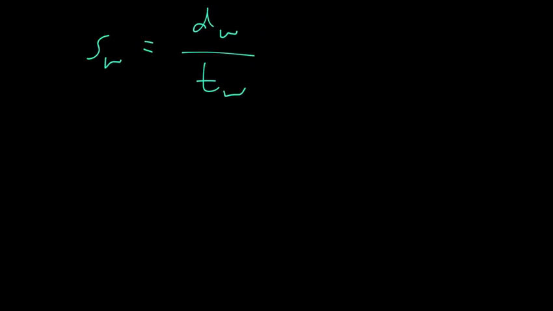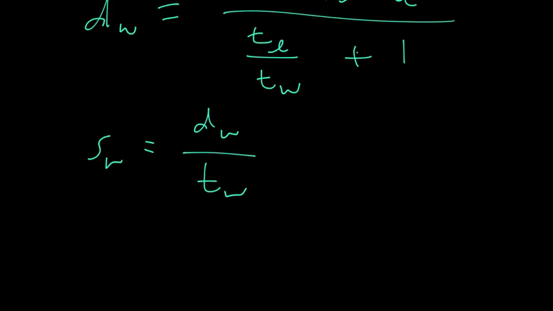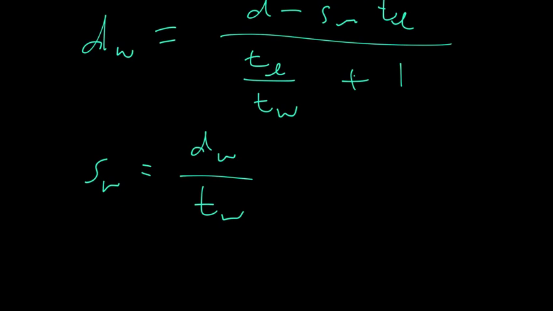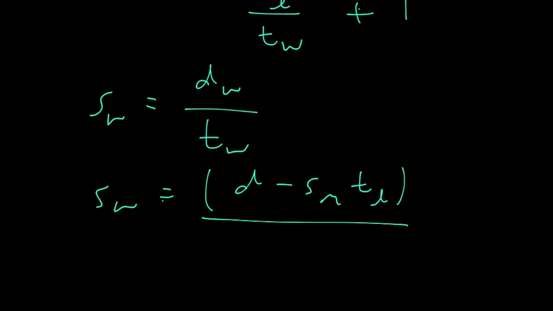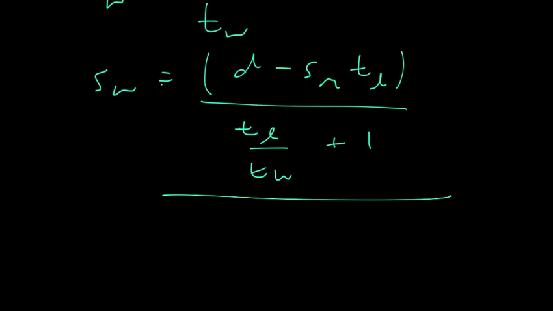So plugging in what we found for d_W, our speed is going to be S_W equals D minus S_m T_L all over T_L over T_W plus 1, and then that's going to be divided by the time spent on the winding road, so divided by T_W.